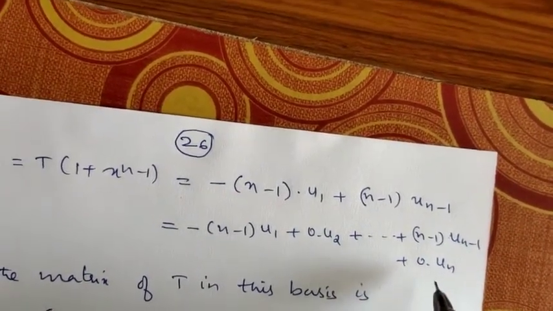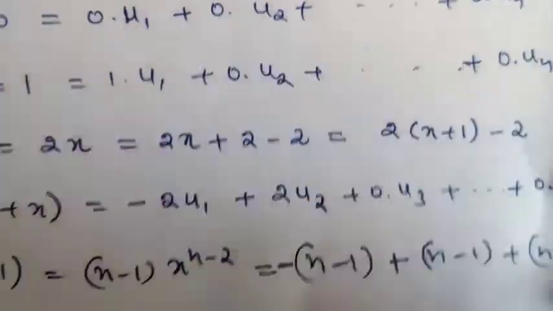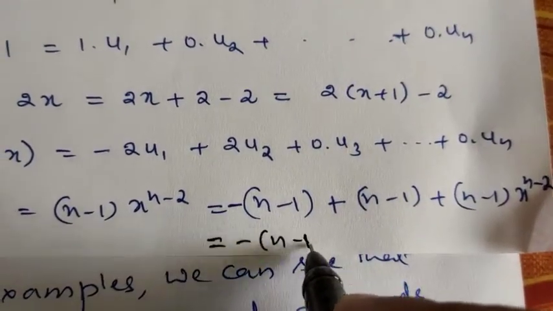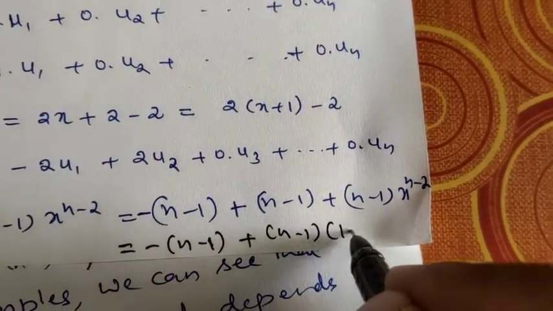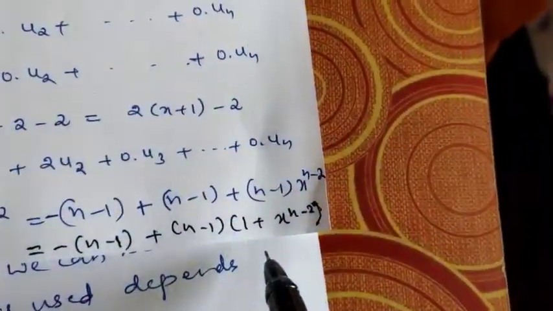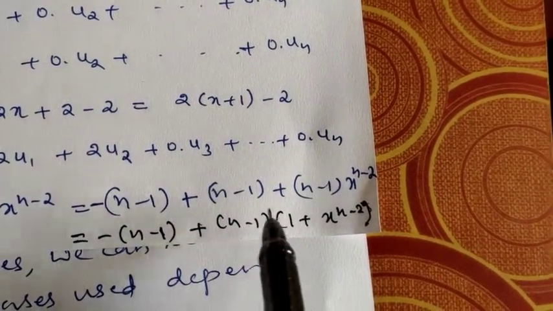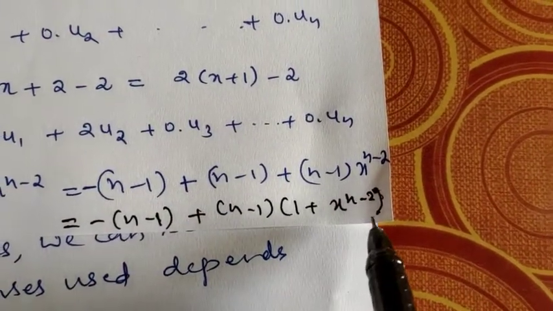Look here, the last step, this is equal to minus n minus 1 plus n minus 1 into 1 plus x power of n minus 2. If you take common from these two factors, this is 1 plus x power of n minus 2.